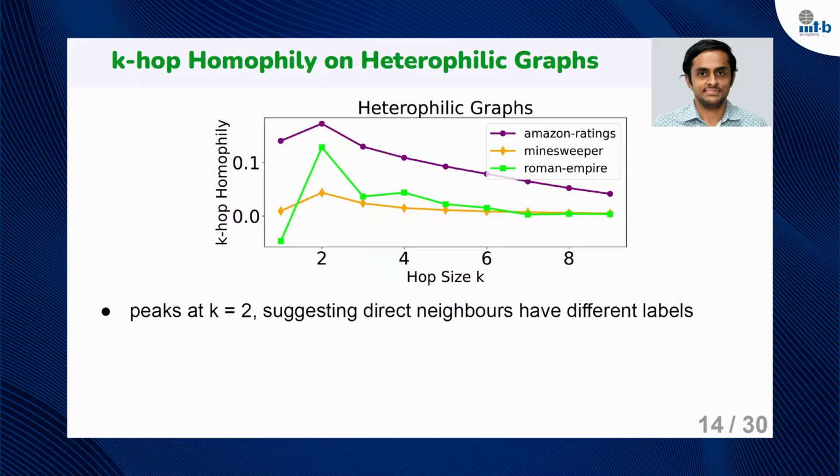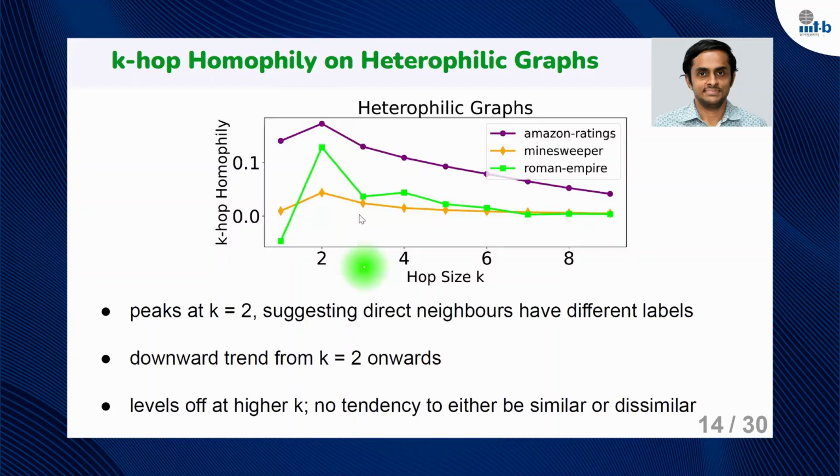Then there is a downward trend from k equals 2 onwards. What does this say? It levels off for higher k. There is no tendency for nodes 6 hops away to have the same label. So there is no tendency for nodes at higher hops to have the same label. That is what this plot reveals.